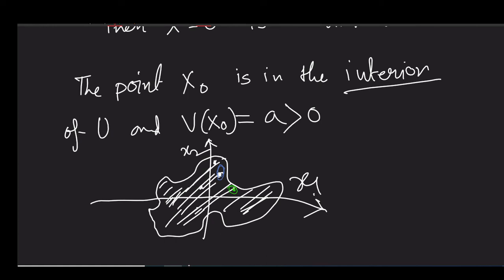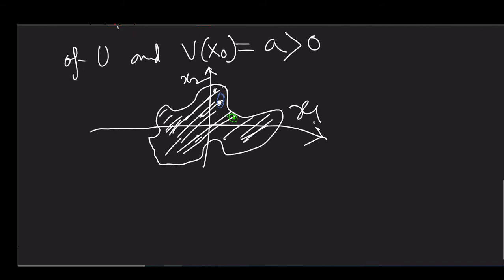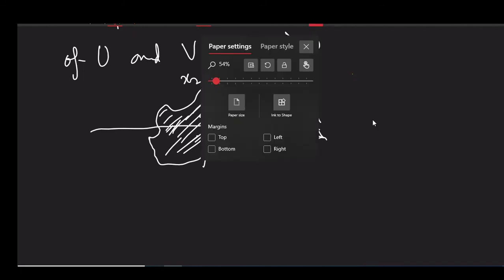Now it may appear as if this neighborhood collided with the boundary, but we can zoom in and see that it's not like that. What you are thinking about is not the actual case.